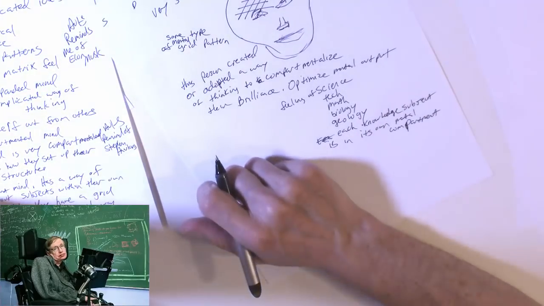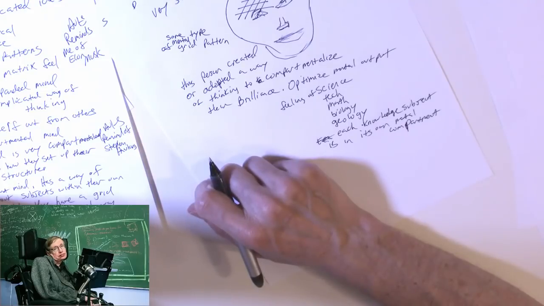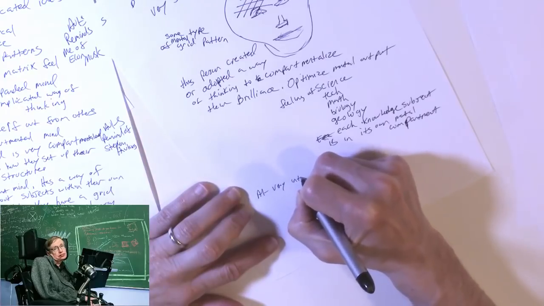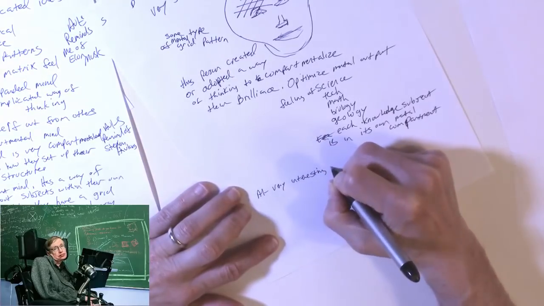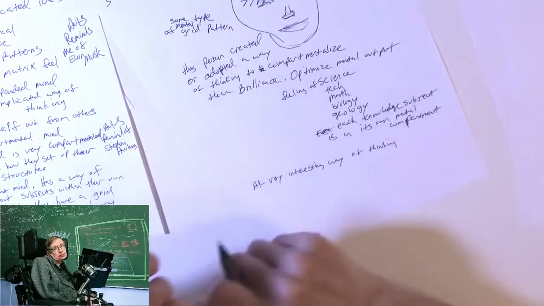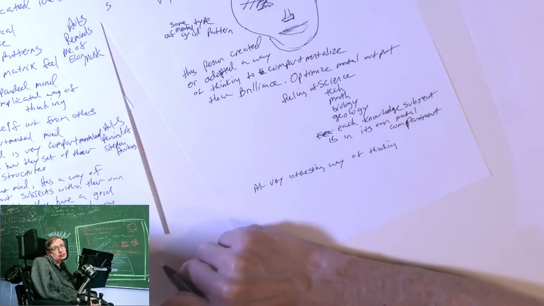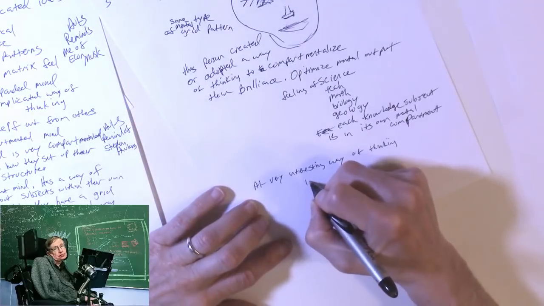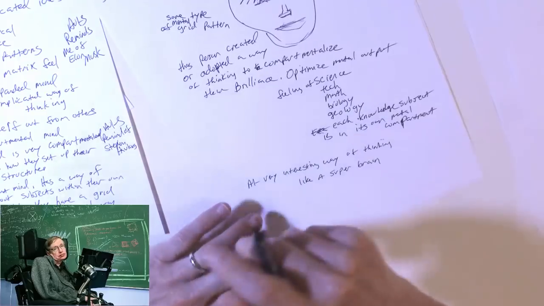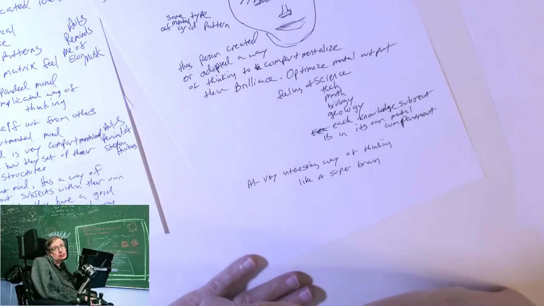Very weird, very strange. Interesting way of thinking. I'm going to put that as an AI. Very interesting way of thinking. Like a super brain. Like a super brain.